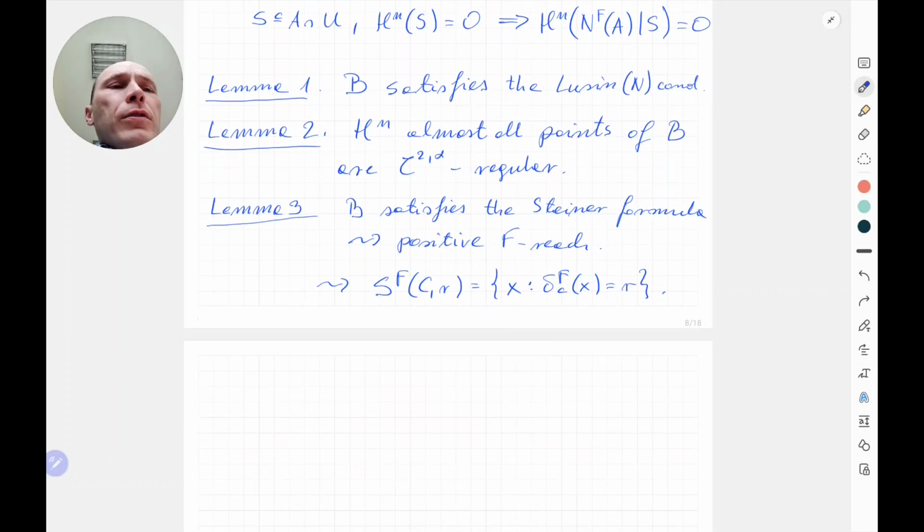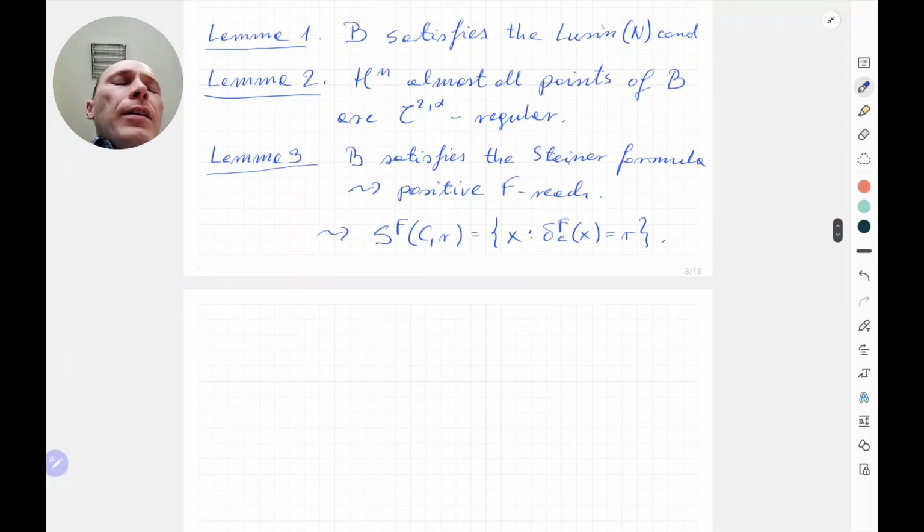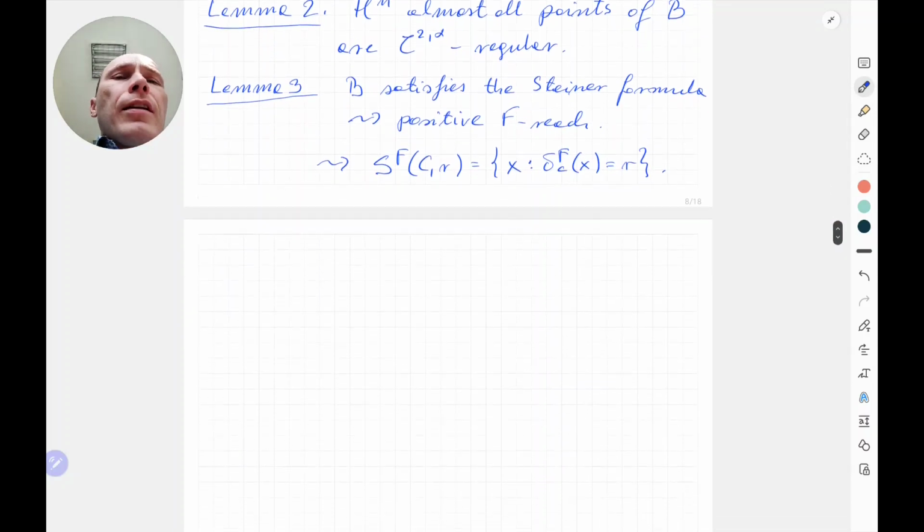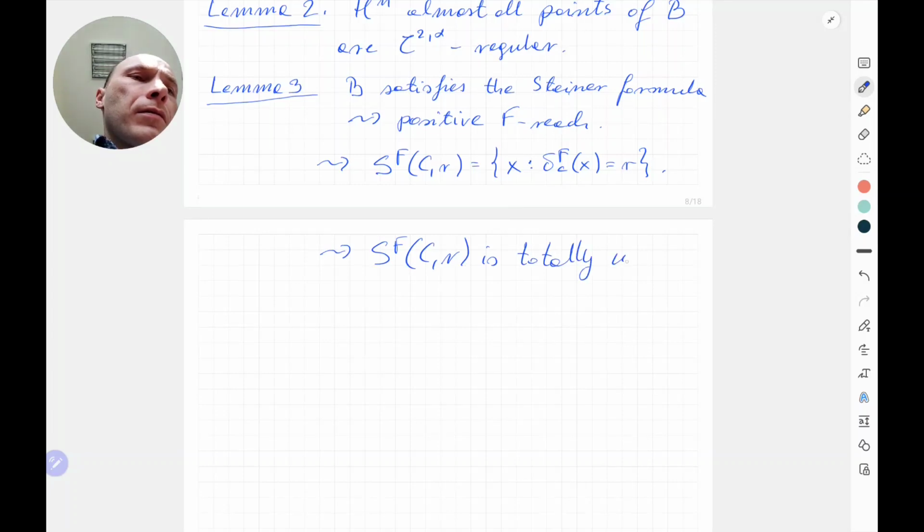for all points which come from C^{2,alpha} regular points, which are H^n almost all of B, right? So we can compute the principal curvatures in terms of the principal curvatures of B at the corresponding point, and see that S_r is totally umbilical, at least at C^{2,alpha} points, which is almost all of S_r.